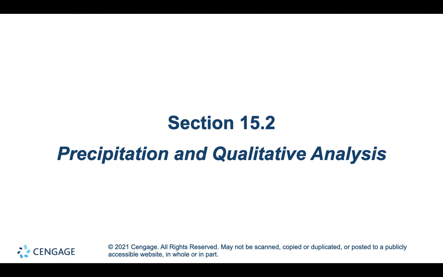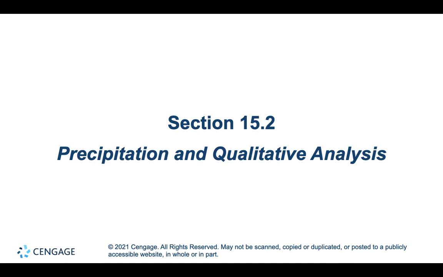On a large scale, qualitative analysis may mean starting with a mixture that may or may not contain a very large number of ions, 10, 15, maybe 20 ions, and you could go through a series of experimental steps to separate those ions from each other and then test for their presence in the solution.